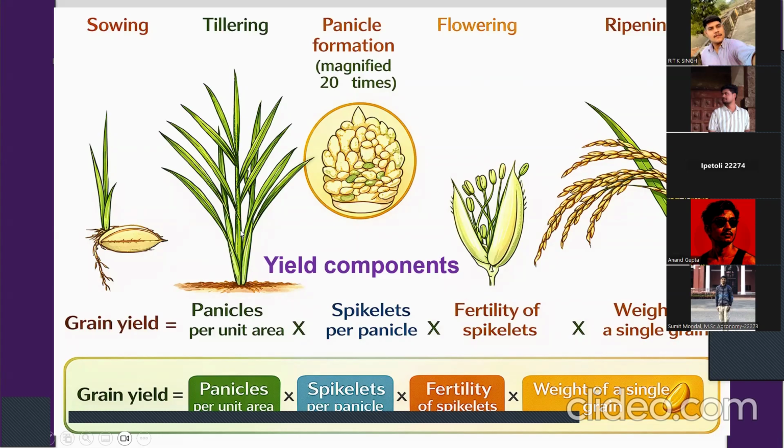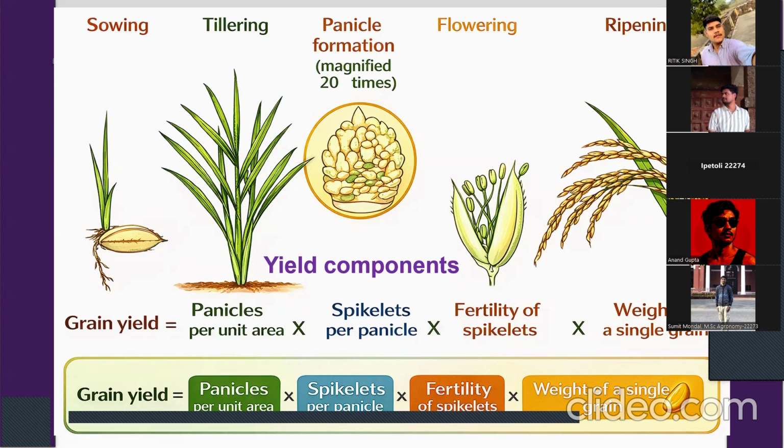If tillering is low due to genotype, environmental conditions or soil conditions, if tillering is poor, with less number of tillers per hill, then panicles per unit area will be less. So we need an optimum or good number of tillers so that we can get maximum panicles. If tillers are not there, how can we get panicles?